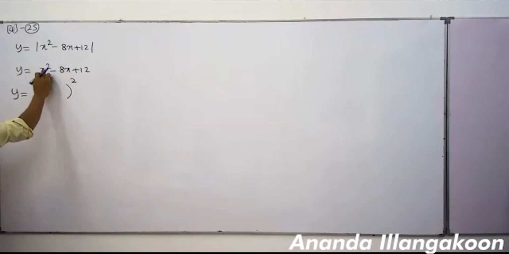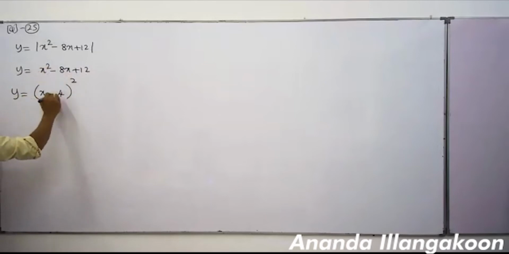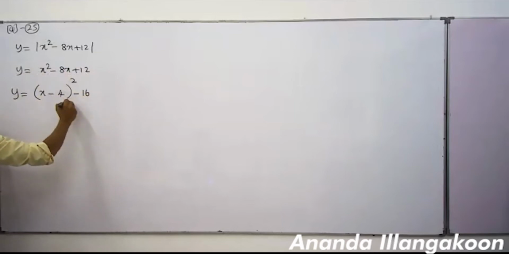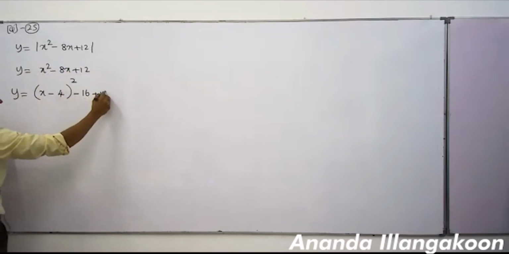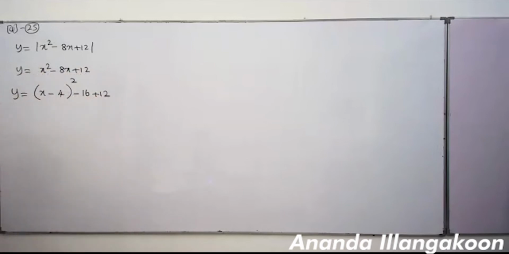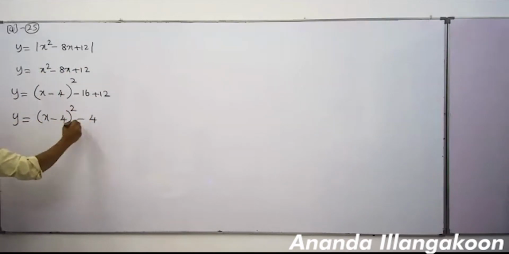We get x minus, dividing this by 2, 4. Subtract the square of this, 16, and plus 12. Right? Y equals x minus 4 perfect square minus 4.